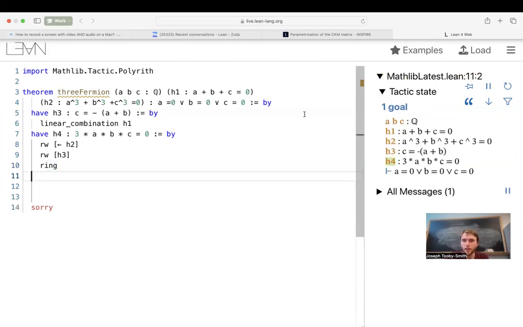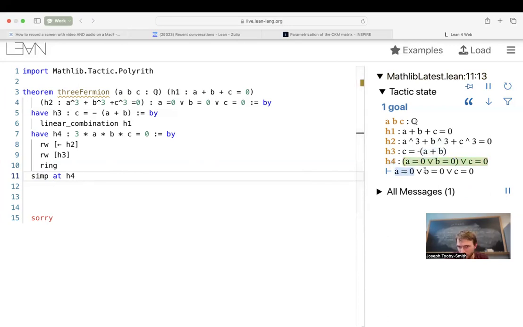Okay, so now we're in this position. Our tactic state now has this additional thing, which is H4, and we can simplify at H4. And Lean is clever enough to know that if you have 3 times A times B times C equals 0, that tells you that either A is 0, B is 0, or C is 0. So if you simplify at H4, you get this thing here.